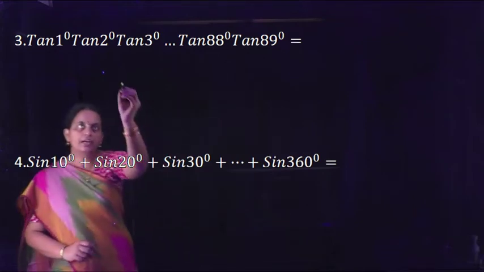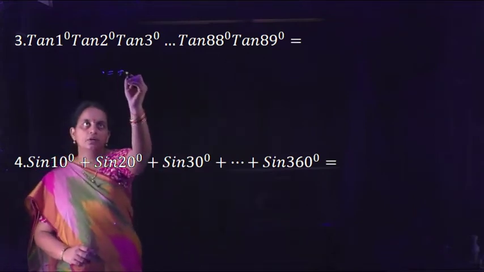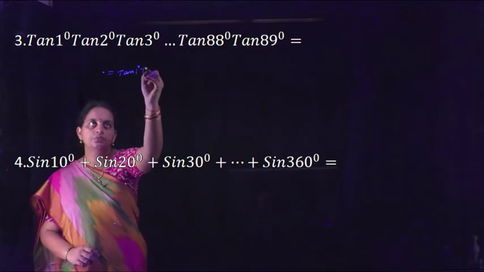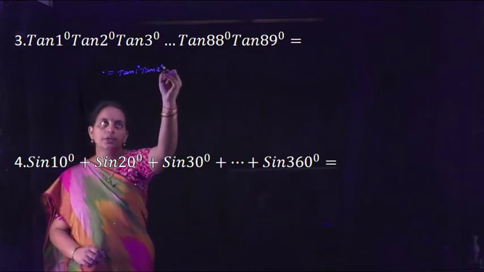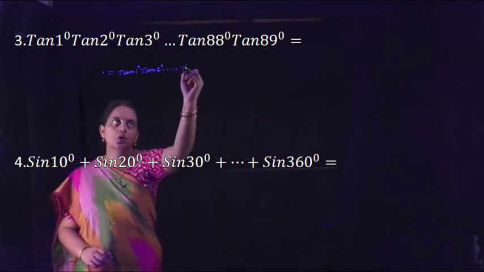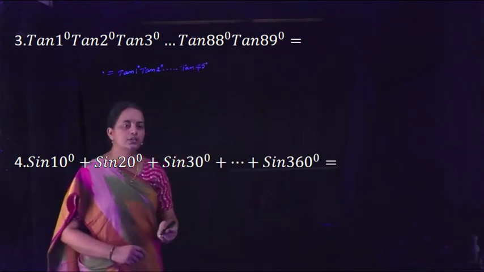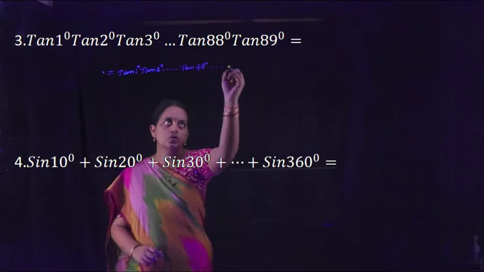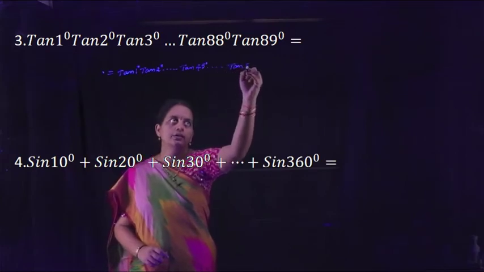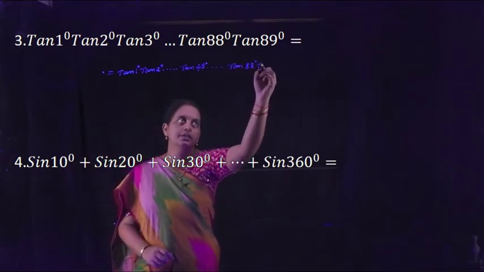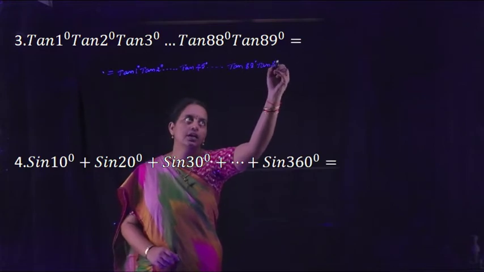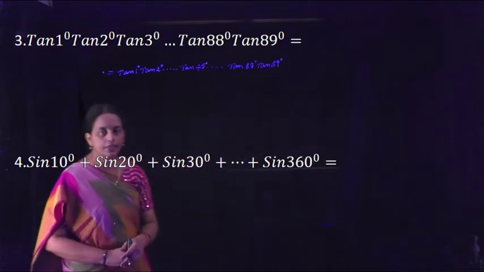It can be written as tan 1 degree into tan 2 degrees into and so on into tan 45 degrees into and so on tan 88 degrees into tan 89 degrees.